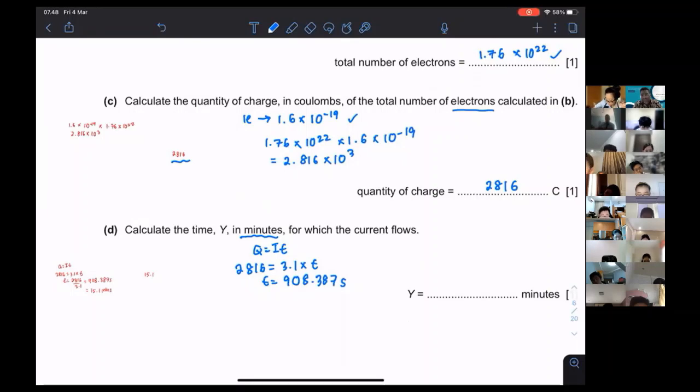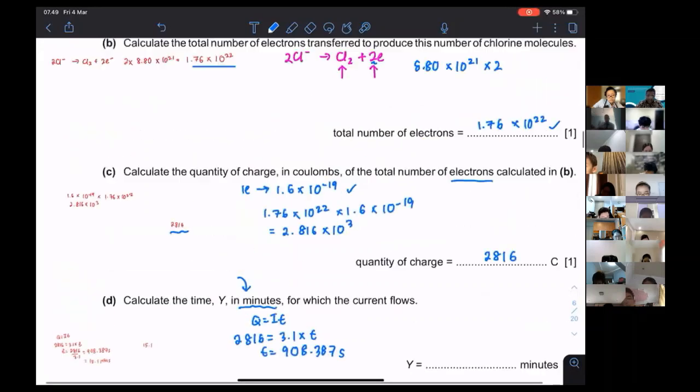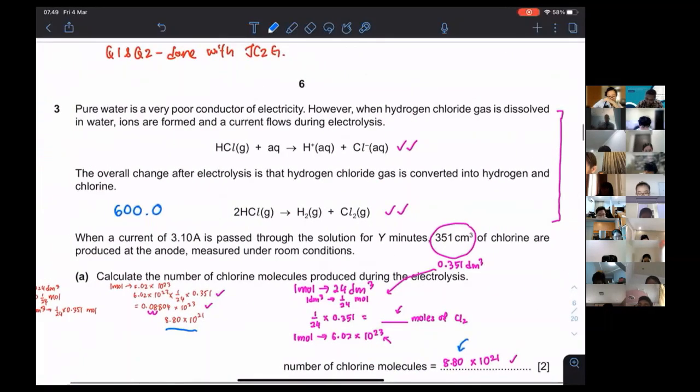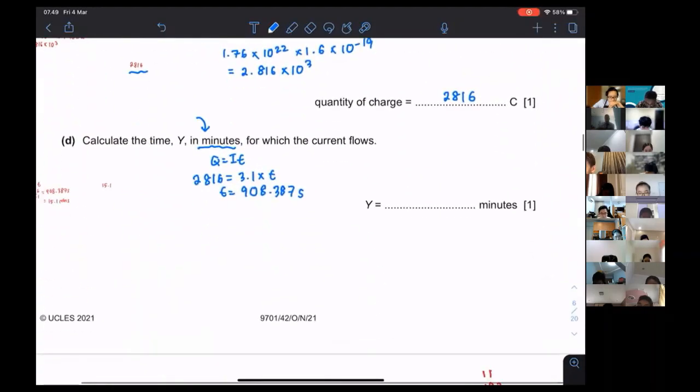The common mistake is that students give the answer in seconds and put it directly over. I think every year they try to help the students by putting a reminder here.